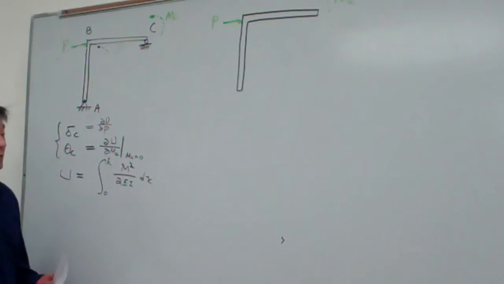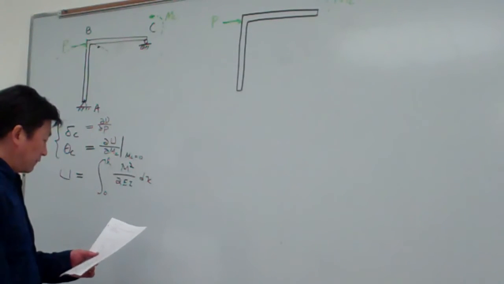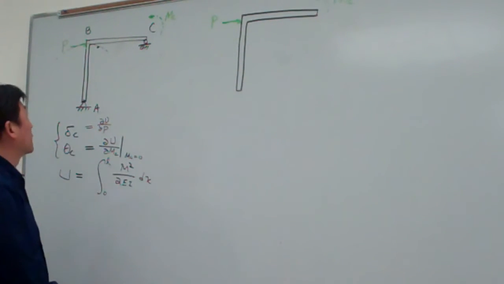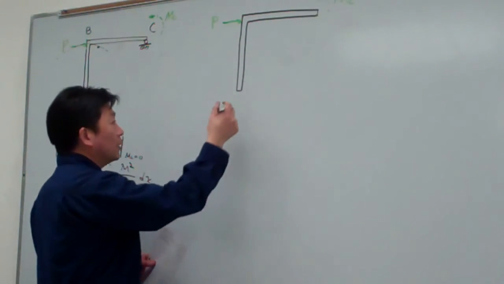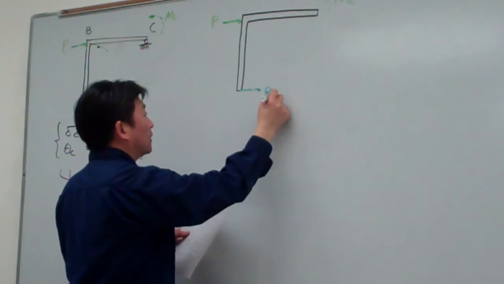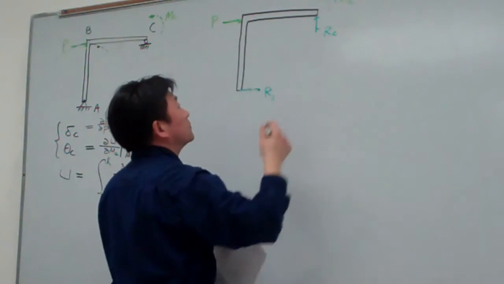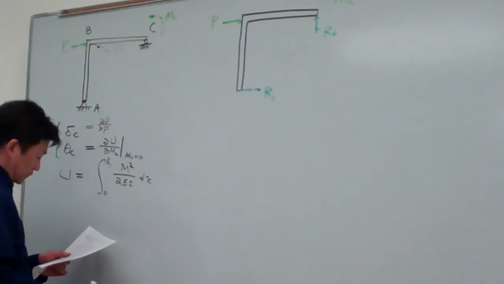Now we analyze the necessary information. The first thing is we have to deal with the reactions. Assuming here we have reaction R_A, and here the vertical reaction, let me call that R_C. So 1, 2, 3, 4, that is the total loading we have to deal with.